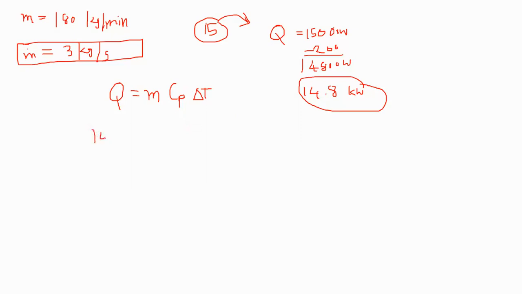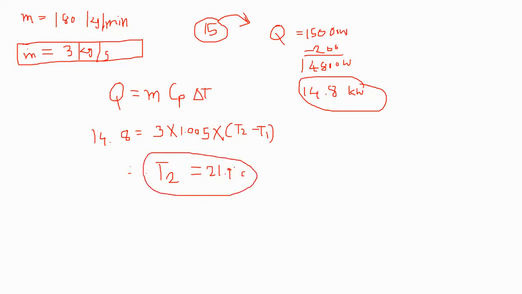So just put the values: 14.8, mass flow rate 3, Cp 1.005 kilojoule per kg Kelvin, and delta T, that means T2 minus T1. When you calculate this, you will finally get T2 as 21.9 degrees Celsius. So this is the answer.